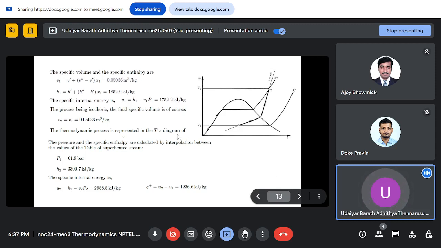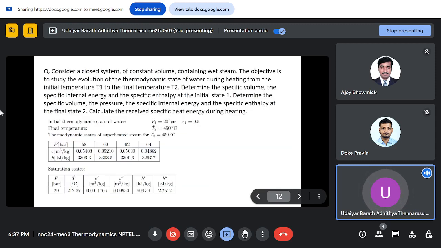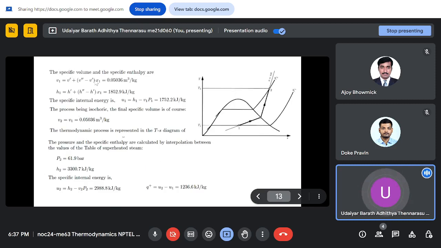So at state 1 we will find out the specific volume. Specific volume at state 1, you will use the same equation, you know x, which is 0.5, and corresponding to 20 bar the data is given, so saturated vapor and saturated liquid values. On substituting we can find out that specific volume at state 1 is 0.05036 meter cube per kg, and similarly the overall enthalpy for the wet steam is saturated liquid plus the latent heat.